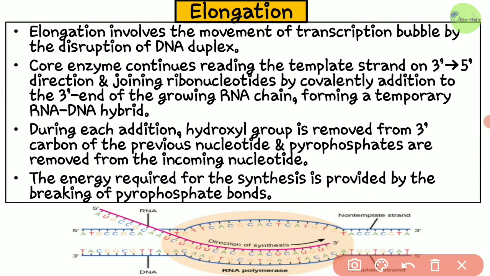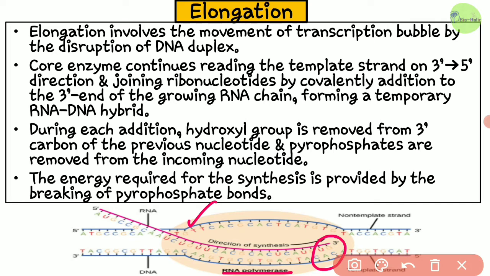Now, in the second stage of transcription, elongation involves the movement of the transcription bubble by disruption of the DNA duplex, and the core enzyme continues reading the template strand in the 3' to 5' direction and joining ribonucleotides by covalent addition to the 3' end of the growing RNA chain, forming a temporary RNA-DNA hybrid.